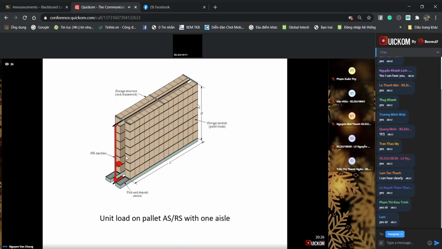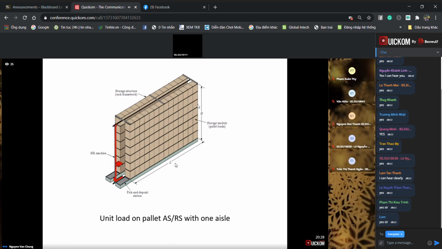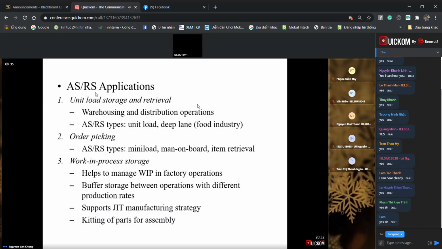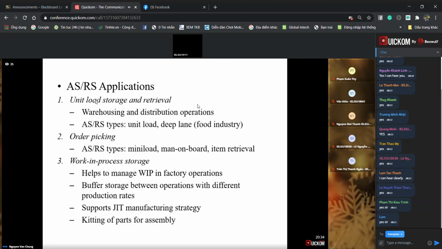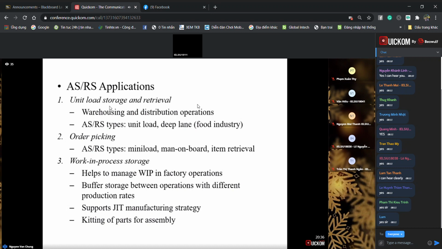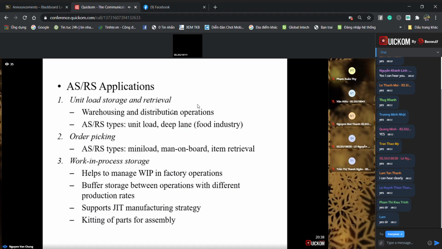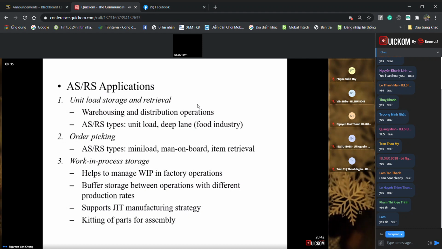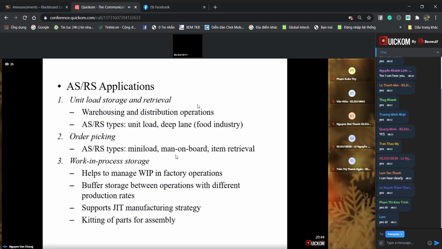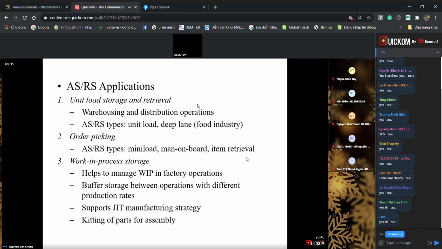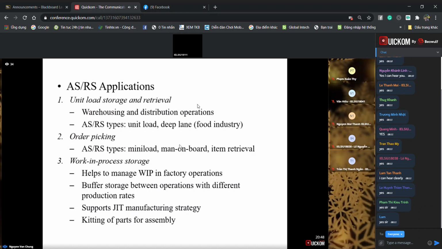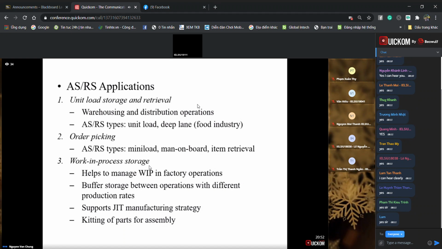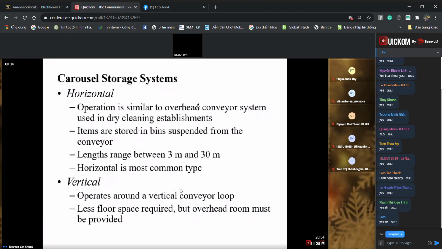And the ASRS applications: unit load storage and retrieval, mini load and man-on-board item retrieval, which you see on the picture, and work-in-process storage.